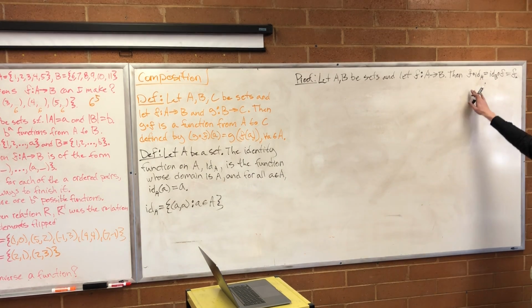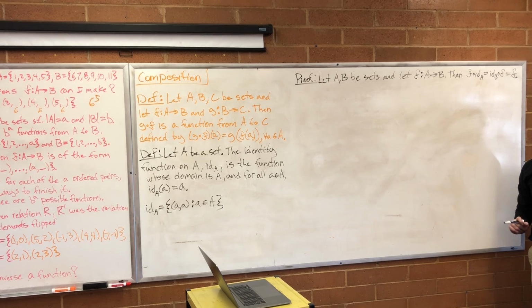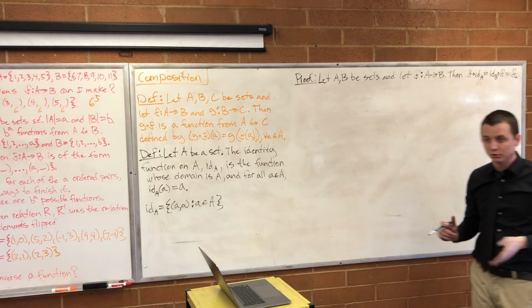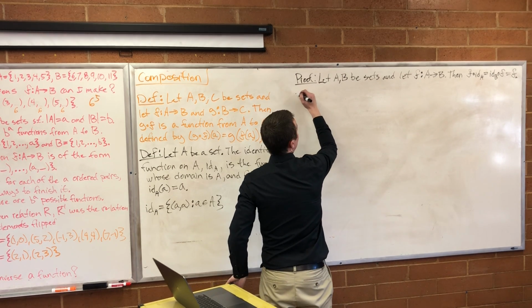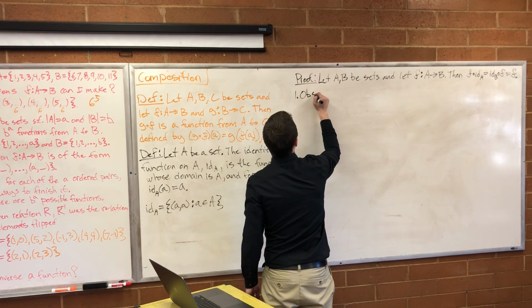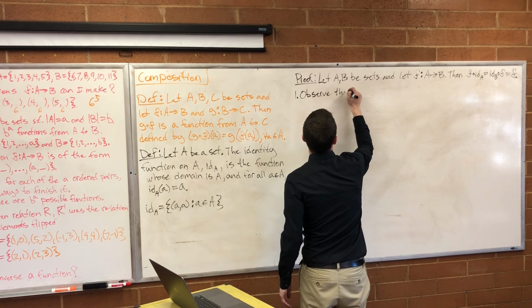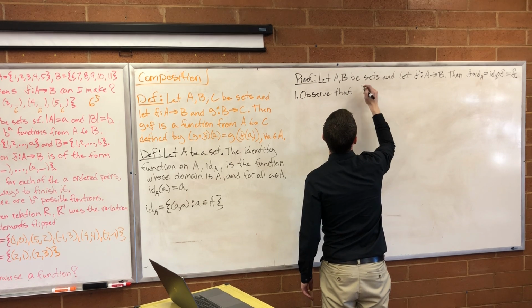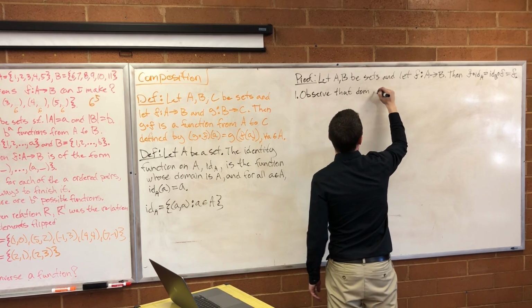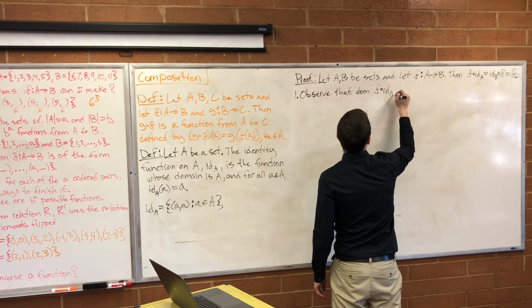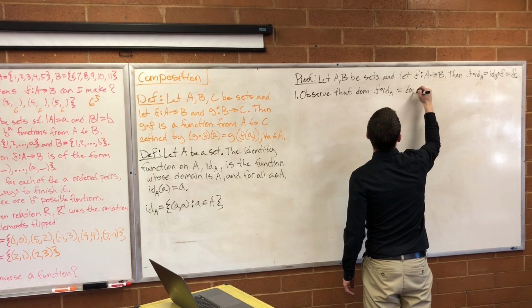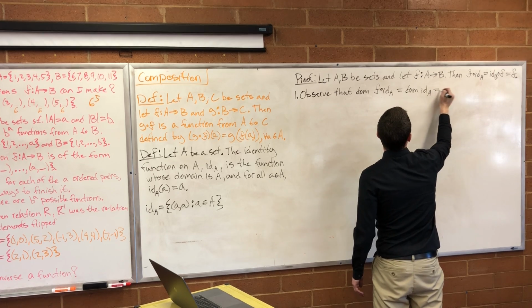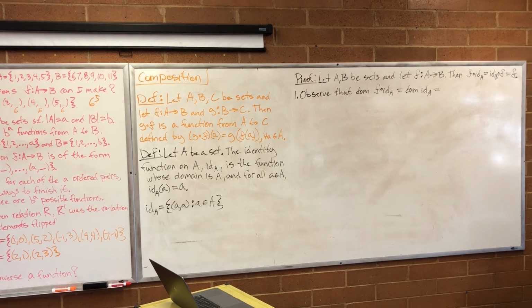So I need to show that all three of these functions are equal. How do I do that? I need to show that they all have the same domain. And then I need to show if you grab any element out of the domain, they all map it the same way, therefore they're all equal. Alright. One: observe the domain. So let's look at the domain of F composed with the identity on A. Well, that's just equal to the domain of the identity on A. What's the domain of the identity on A?